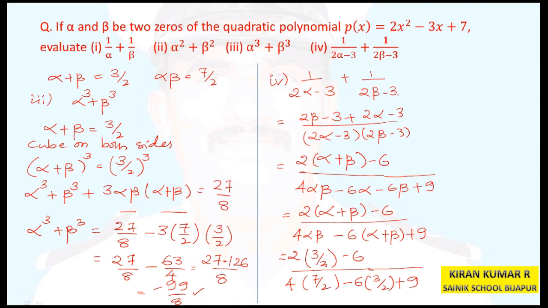Simplify this. 2 will get cancelled. 2 times 2 is 4. 2 times 3 is 6.